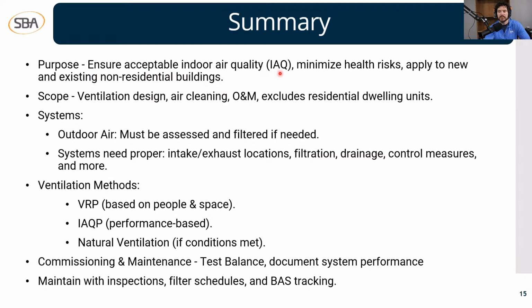We're trying to make sure that indoor air quality is good and healthy to breathe in for our occupants. The scope of that is encompassing of our ventilation design. It's also making sure that we're cleaning our air, and then also our operation and maintenance, or our O&M.